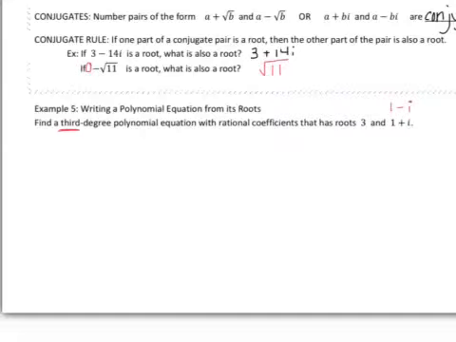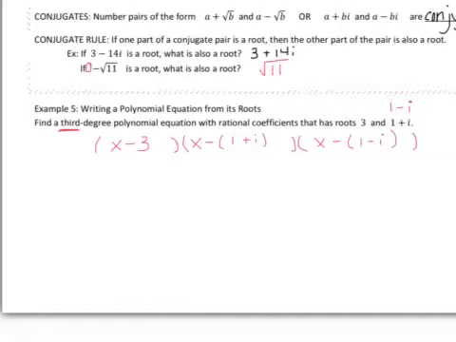So we're going to say, we have 3 factors here. We've got x minus 3 from the positive 3 root. We've got x minus 1 plus i from the next root, and x minus 1 minus i from the next root.